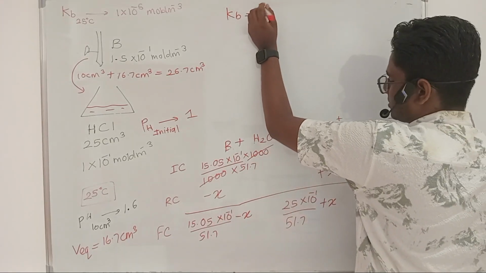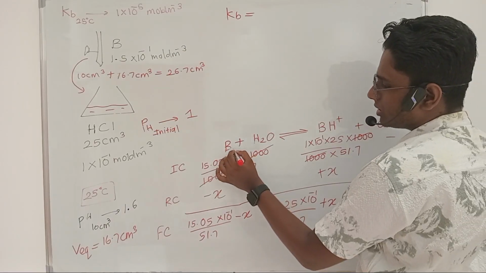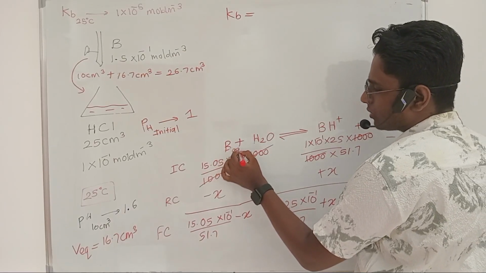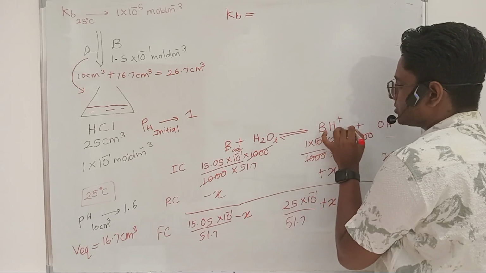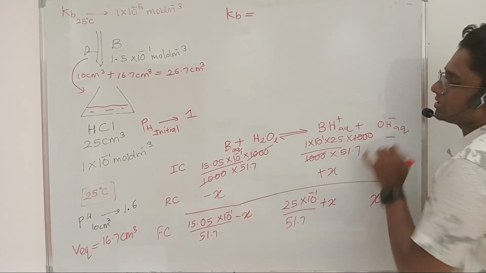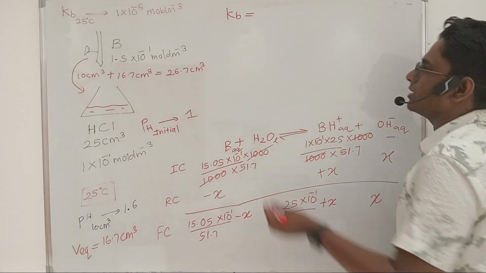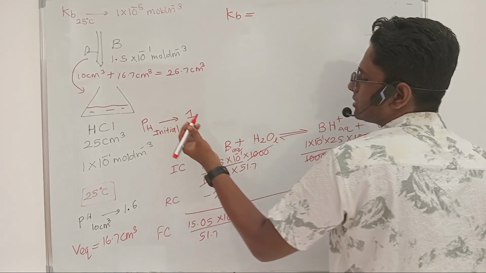First I have to write the Kb expression, right? So definitely don't forget to put the physical states, aqueous, liquid, aqueous, because physical states are very compulsory. You have to put physical states, right?